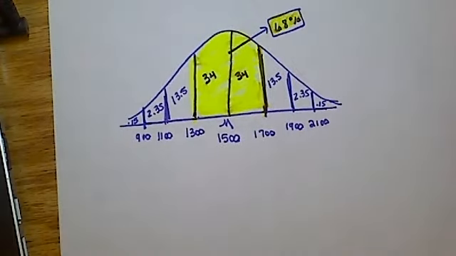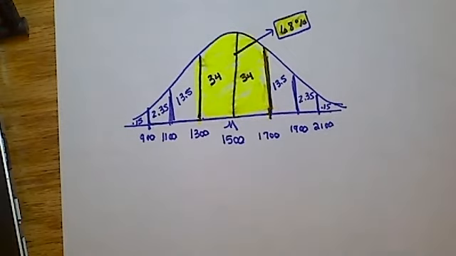So 68% of farms, land and building values per acre are between $1,300 and $1,700. So 68% of those farms.